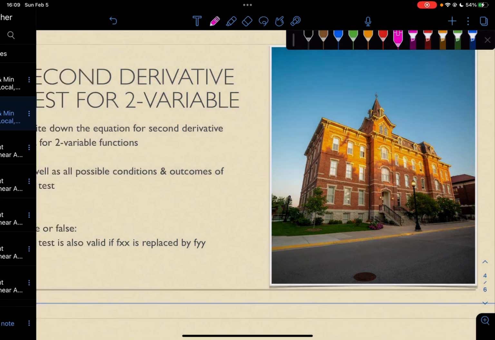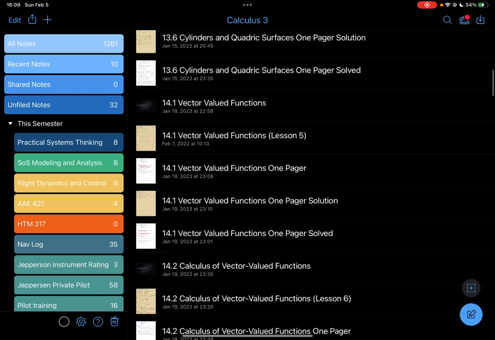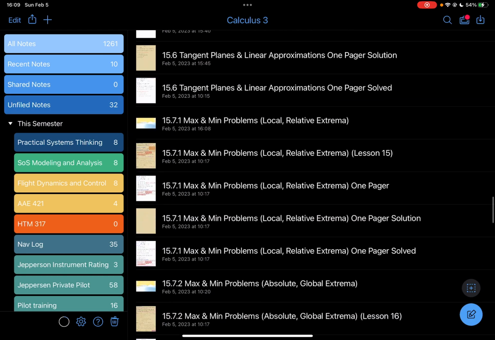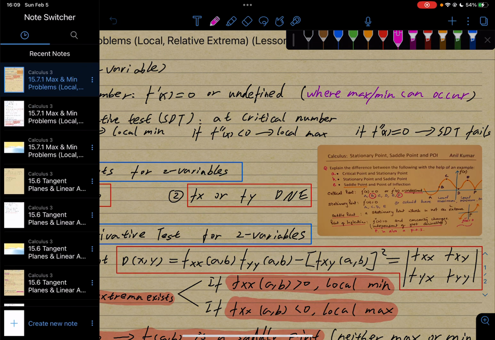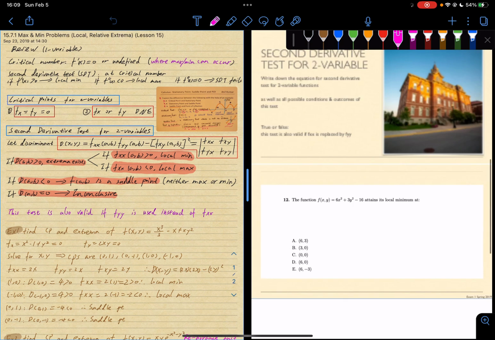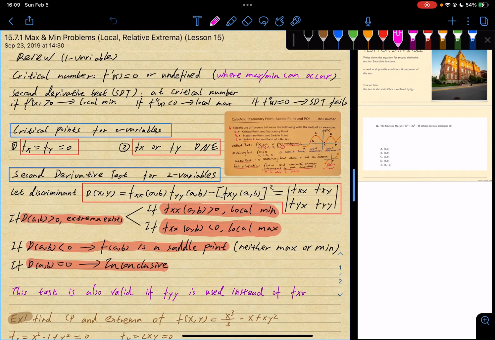So let's go ahead and pull up my handy dandy notes. There it is. So we just talked about the conditions for critical points. And then this is yours, and then this whole jumbo of thingy is your second derivative test for two variables. I'm sure you've learned about it. I'm just going to go through this really quickly.